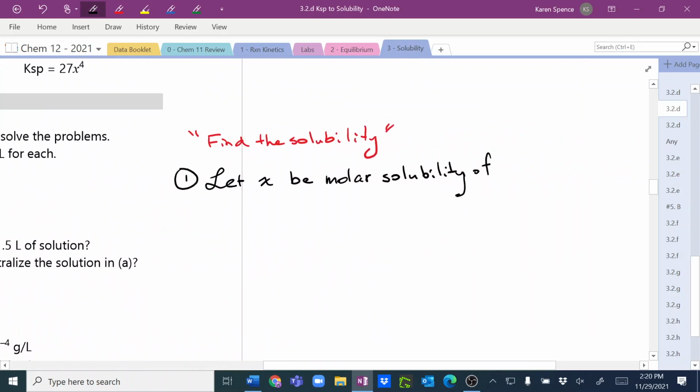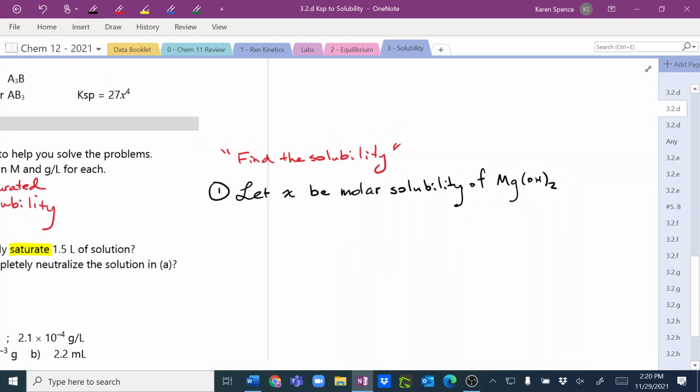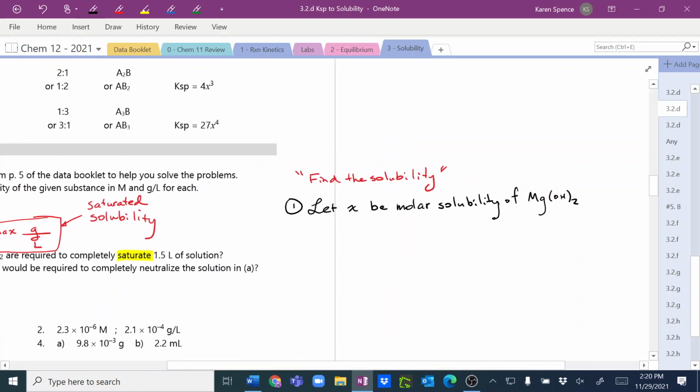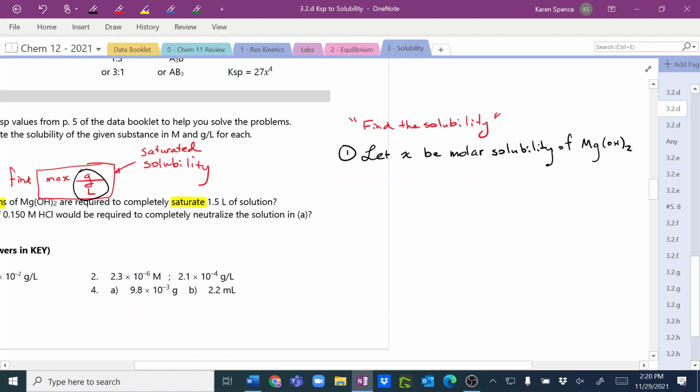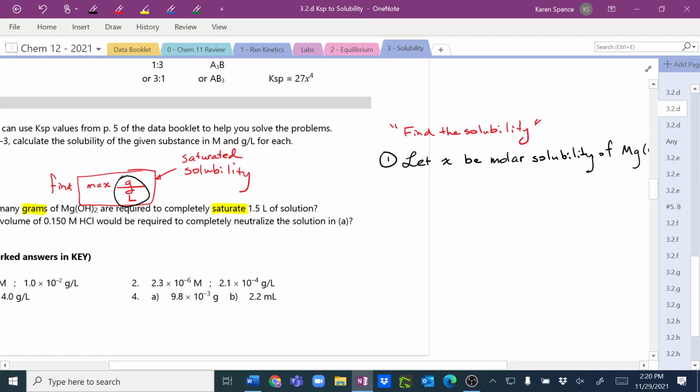MgOH2. Molar solubility, that's going to be our moles per liter. And do you see how if we can find moles per liter, we could also find grams per liter, which means that we could figure out how many grams are in 1.5 liters as well. Okay.